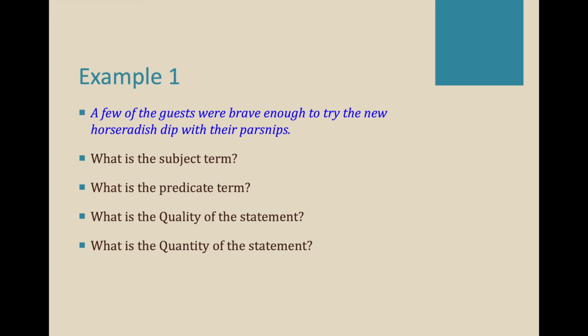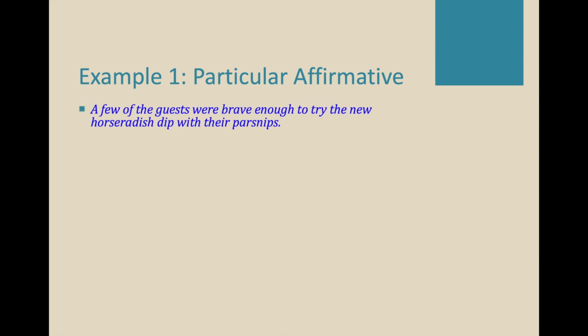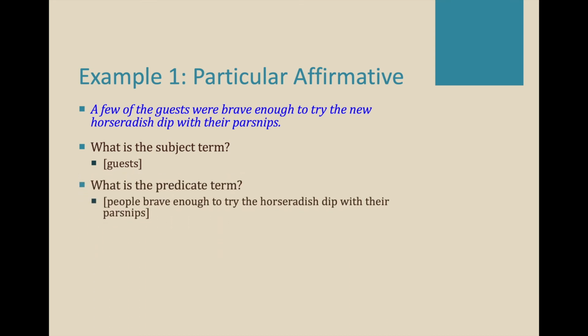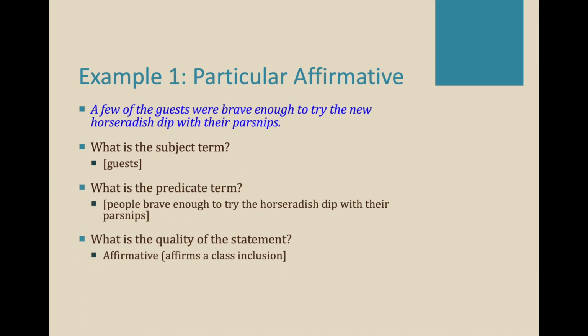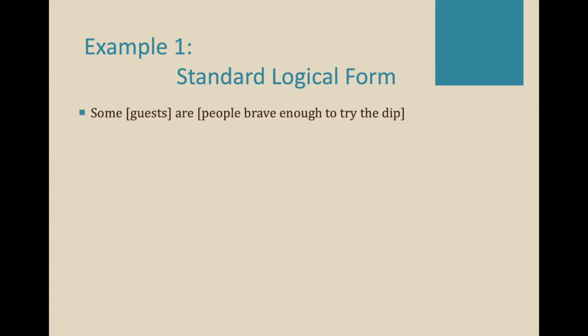It's particular. And so now all of that information taken together gives us that particular affirmative statement now in standard logical form, right? Guests, predicate term, quality, quantity. Some guests are people brave enough to try the dip, right?